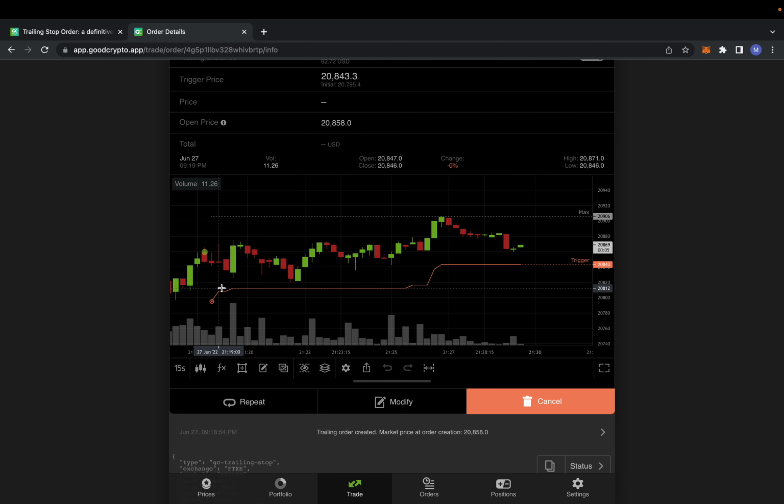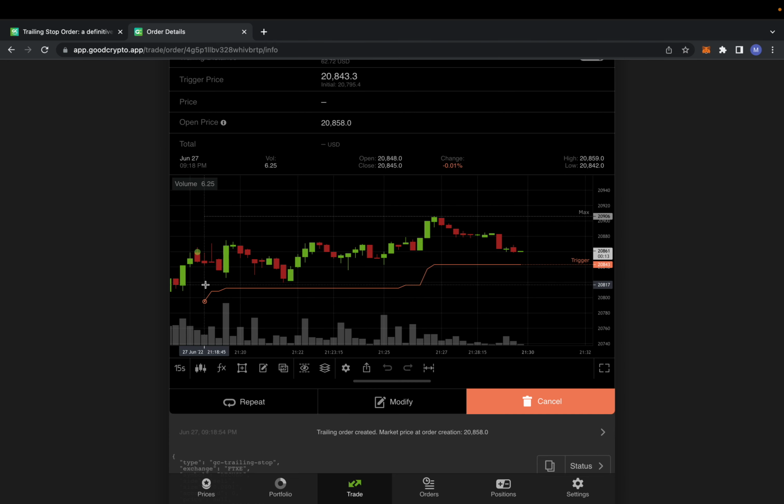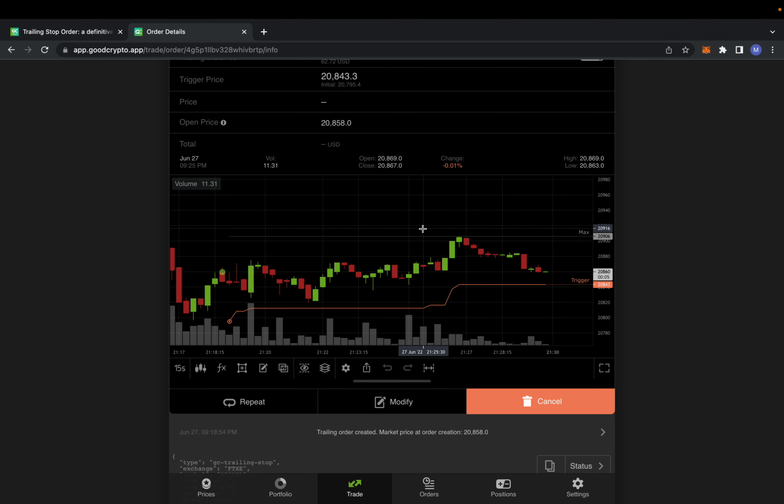That's pretty much exactly what this order does. Instead of selling it here, I want to see whether the price goes higher. If I sell it here and the price moves higher up, I wouldn't catch that upside. I don't want to lose that potential upside.